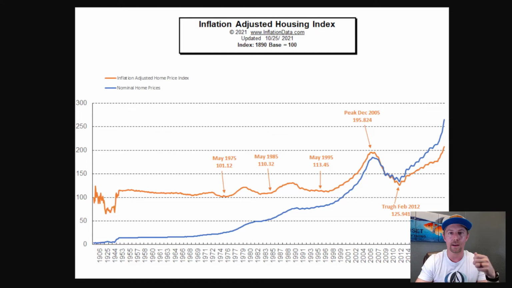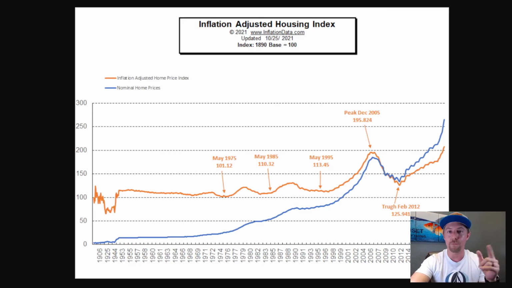So in other words, if you had a widget that cost $10 and it goes up to $20, the price has increased by $10, but that is not adjusting for inflation. Now the orange line, on the other hand, is home prices adjusted for inflation. If you take a look at this chart, it goes back to 1906, and you can see that home prices adjusted for inflation stayed relatively flat for decades. It peaked in 2005, where it actually broke that average trend line.